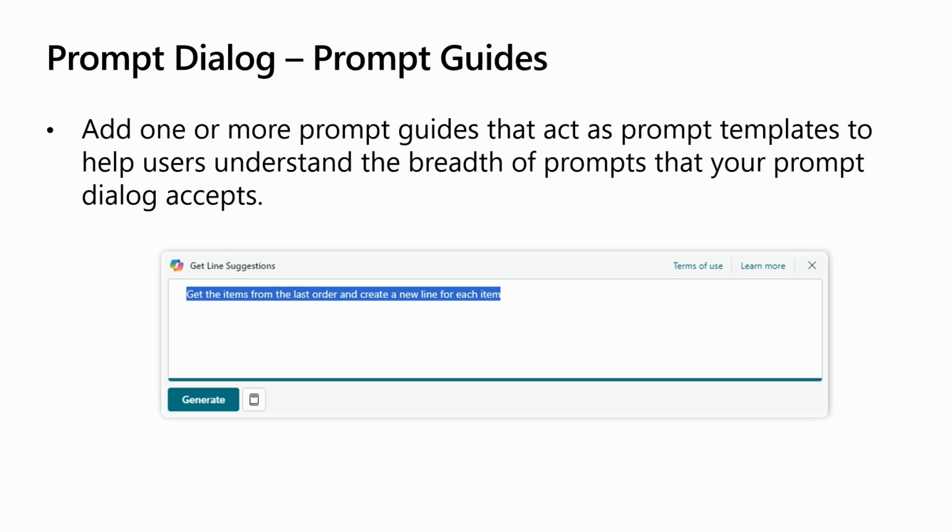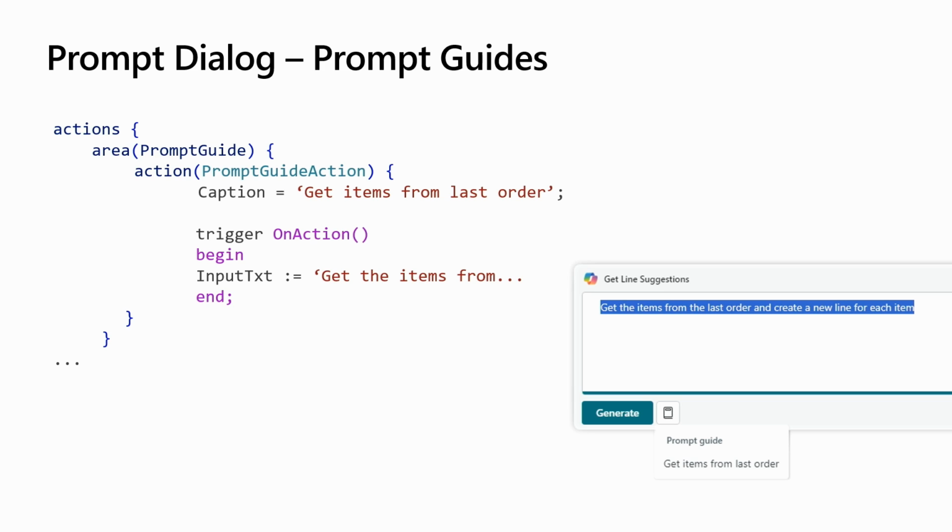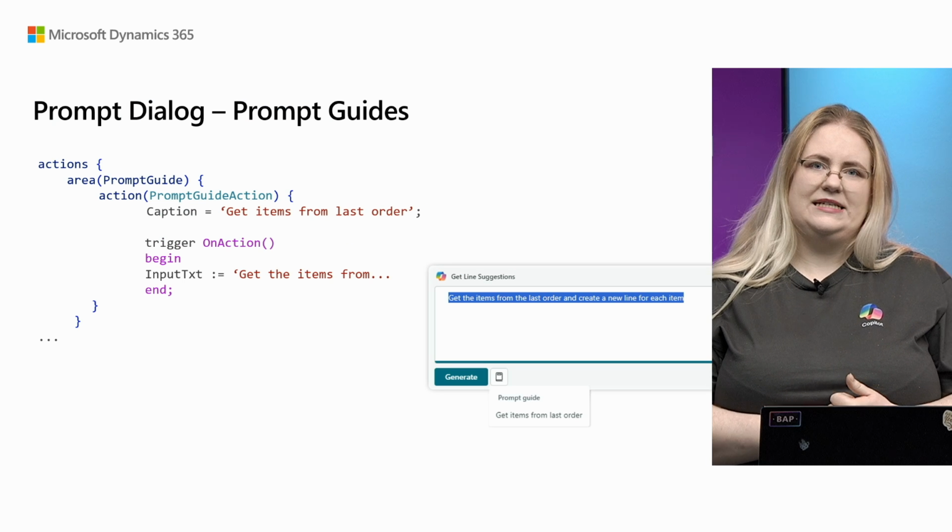So, for example, you get one or more prompt guides that will act as prompt templates. And to do that, we have created a new area in the actions on a prompt dialog page type, which is the prompt guide area. And then you input actions that then can replace the text on your field inside, as presented here on the screen.